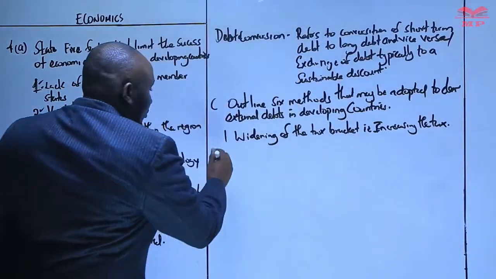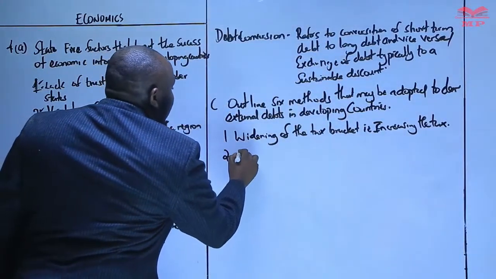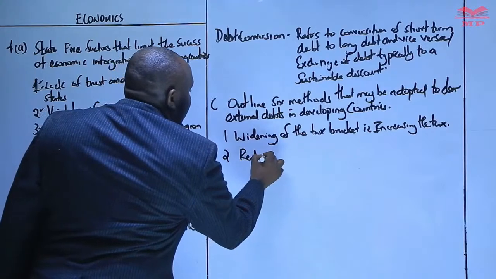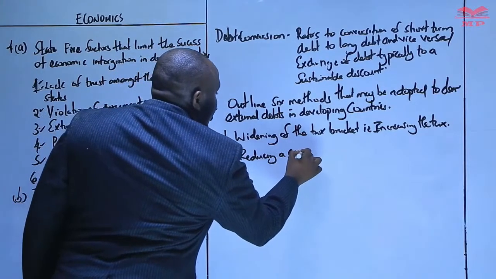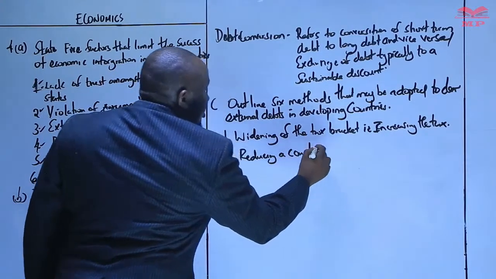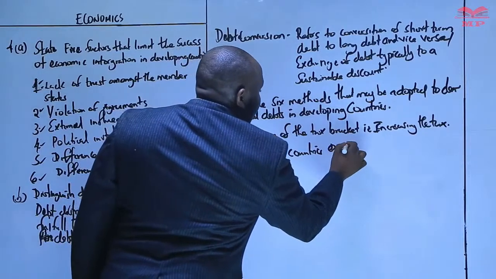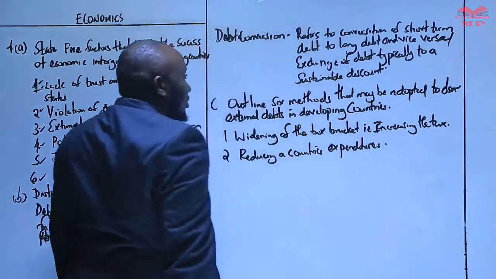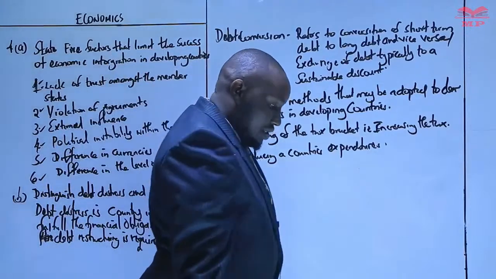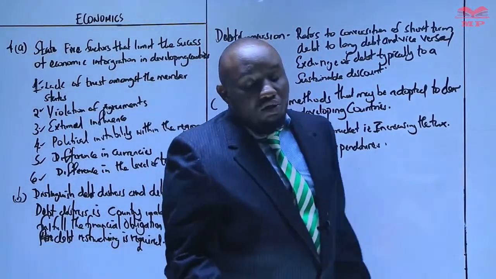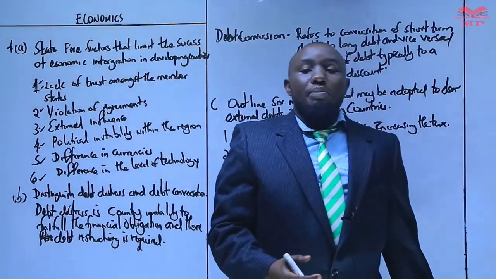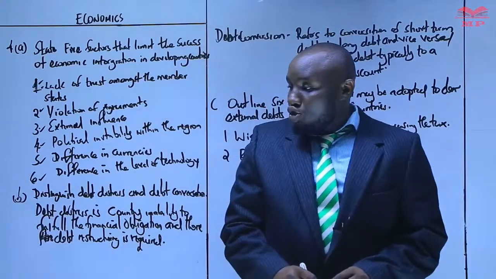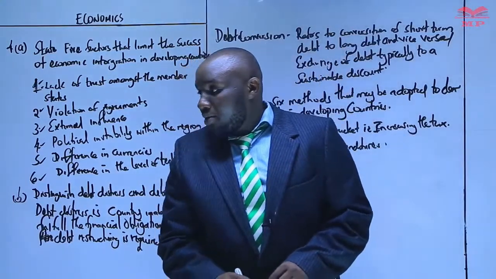Number 2, reducing a country's expenditure, so that much of the money that is available can be used to pay the debt.